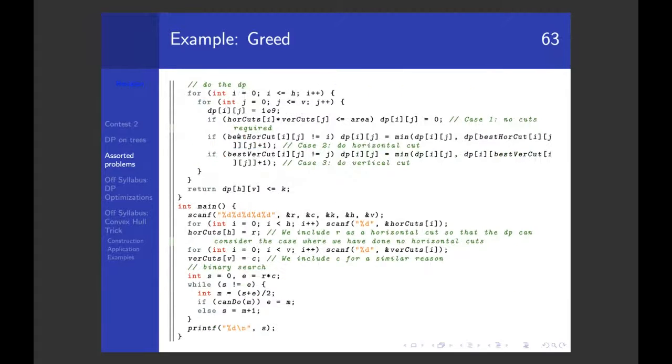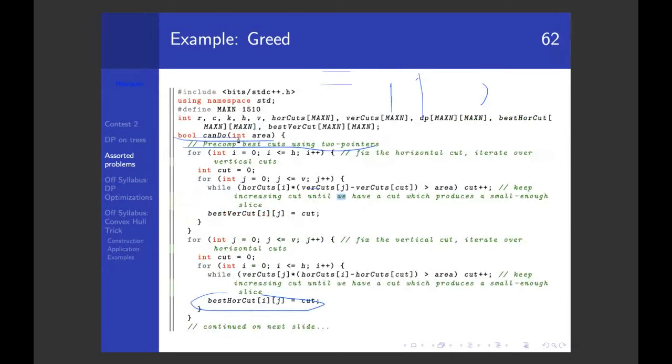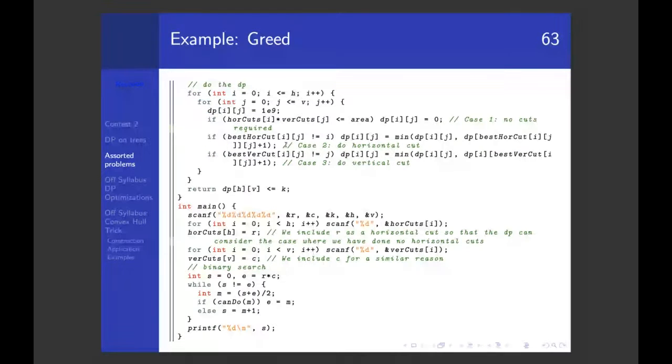Then, so we're still in this function here. We now do a DP. So the DP is just for each horizontal line, for each vertical line, we're finding, if you remember, the minimum slices required to cut each slice into at most area k. What do we do?